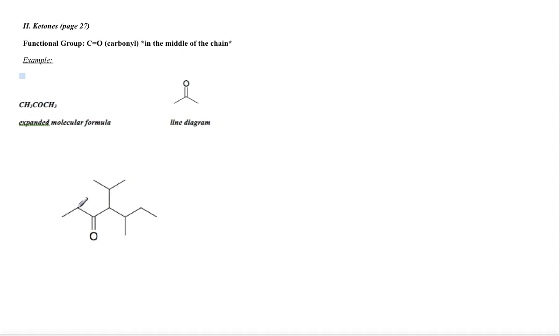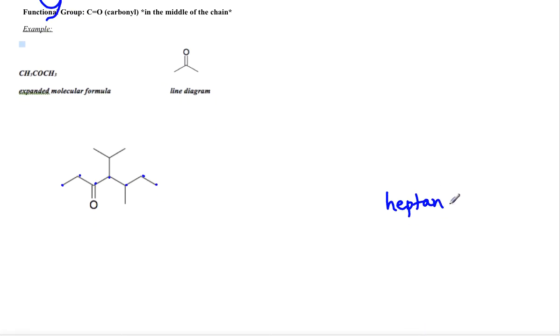Okay, so this going through here is our longest chain. So we take the alkane name without the E, so heptan. Ketones end in -one. So this is a heptanone.